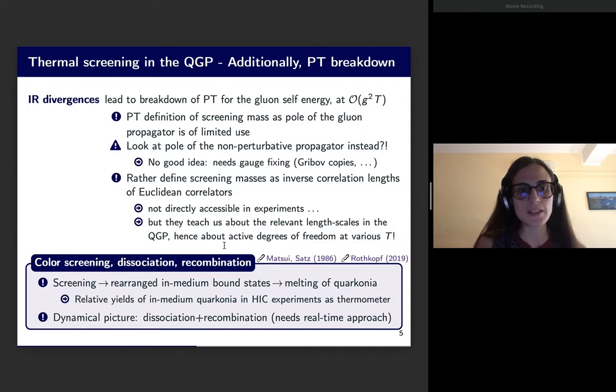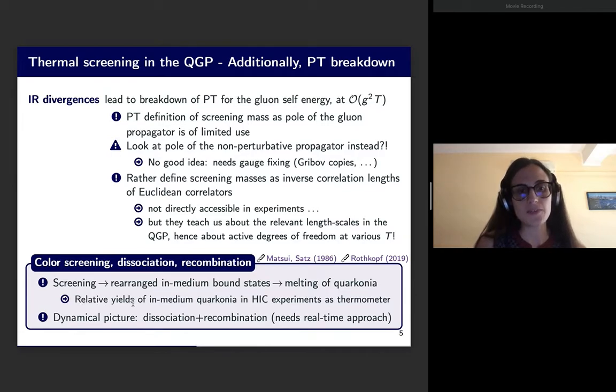In this respect, it is also important to mention that color screening is associated with dissociation as well as recombination. In particular, there is the old static picture within which screening leads to a rearrangement of the in-medium bound states, which in turn, as the temperature grows, leads to the melting of quarkonia bound states.